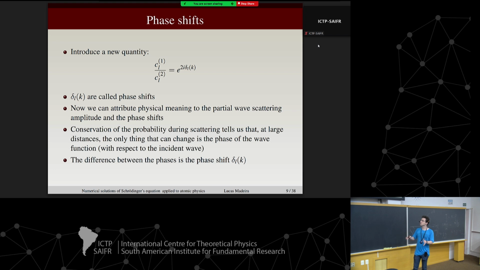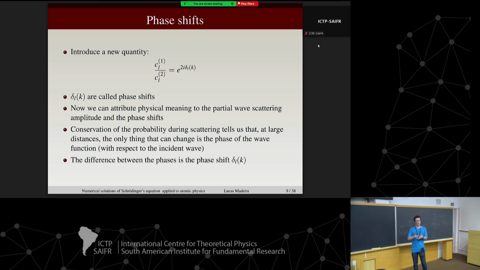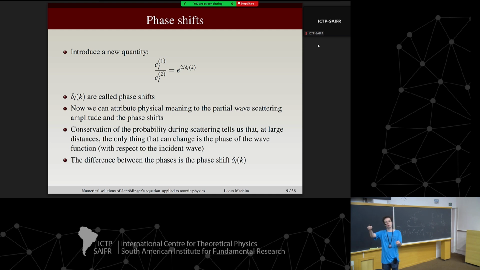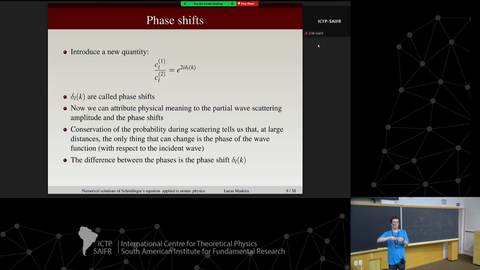Okay, good. So I want to talk to you about the physical meaning, the interpretation of phase shifts, okay? So these quantities here are telling us that the most that can happen to the wave function after being scattered is a change in phase, because this scattering process conserves probability, right? So if you're conserving the probability of your wave function, at most what can happen to it is a difference in phase when scattering took place.